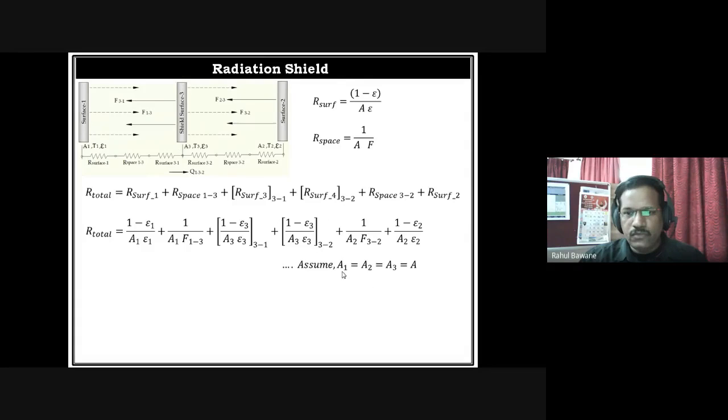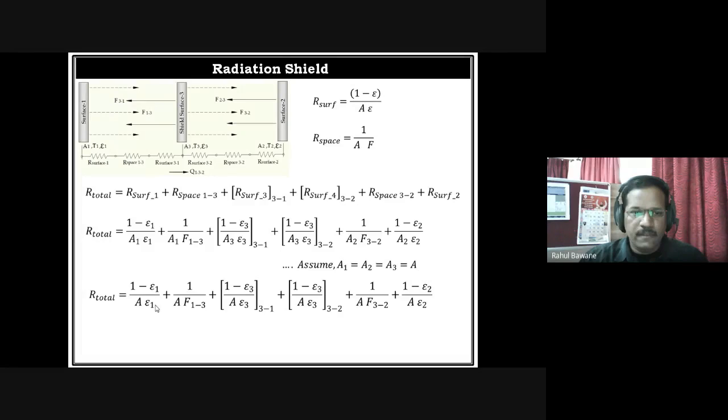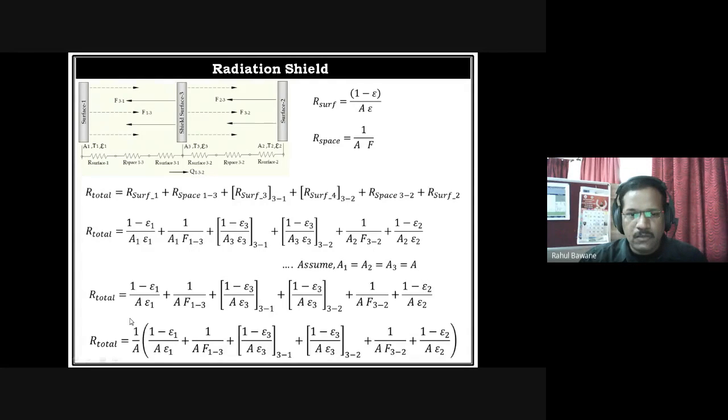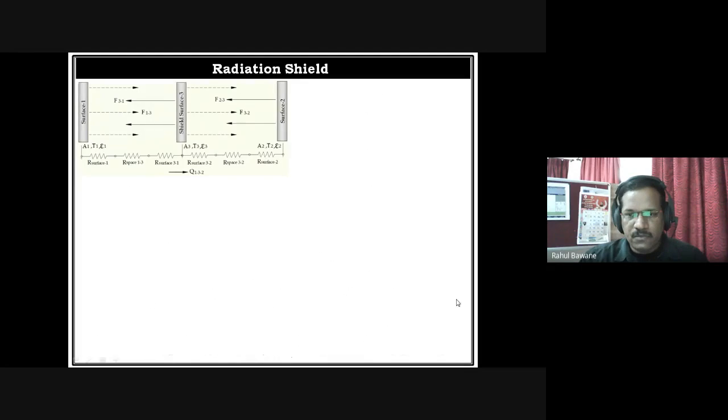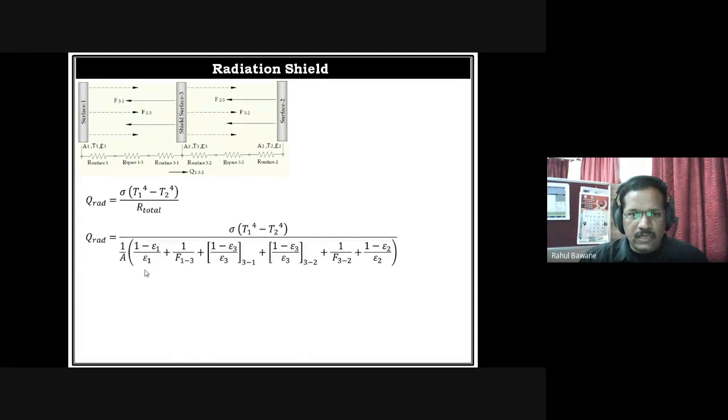So we have to use this relation, that all areas are the same, and we will denote the area as A, common A. So wherever there is A1, A2, A3, we will replace it by A. Now we can take A as common. So 1 upon area — by mistake, here the area is still not removed. So the area will be like this.